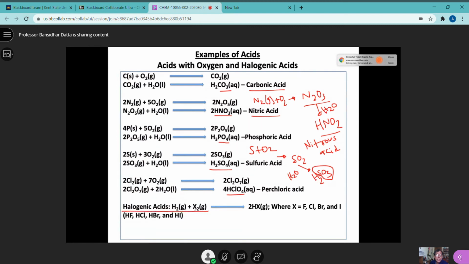H2 gas plus X2, where X would be fluorine, chlorine, bromine, iodine, can make 2HX. These are halogenic acids, and you have seen them: hydrofluoric acid, hydrochloric acid, hydrobromic acid, hydroiodic acid. Now, who can tell me, where do you see hydrochloric acid? We have plenty of it in our body. Or is it?